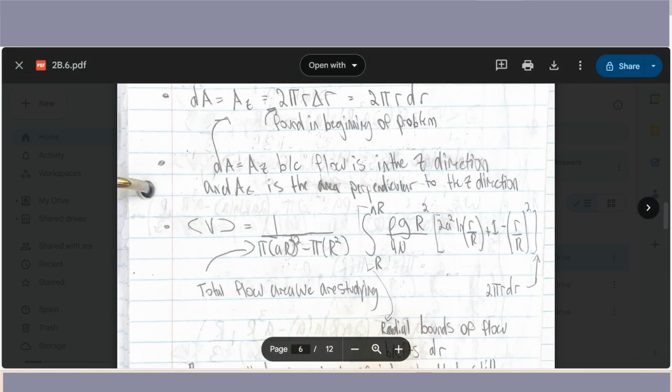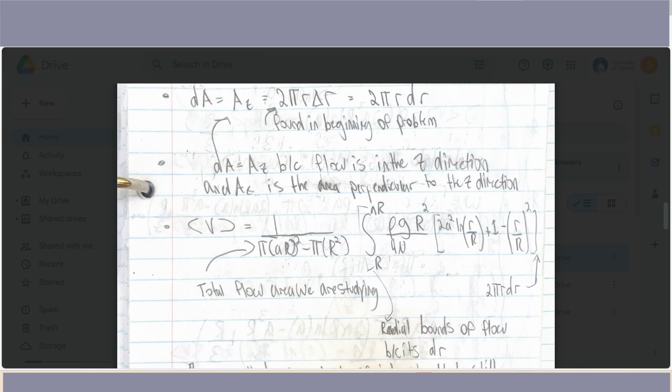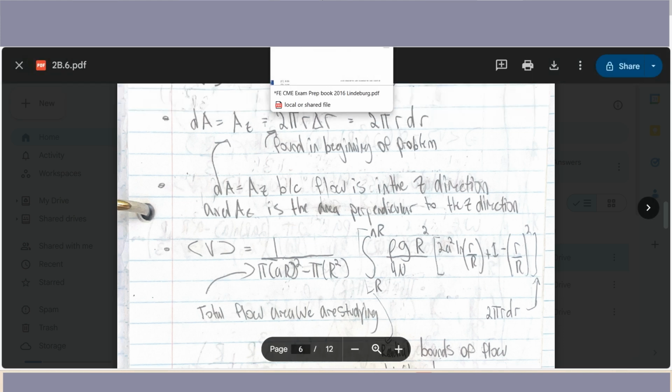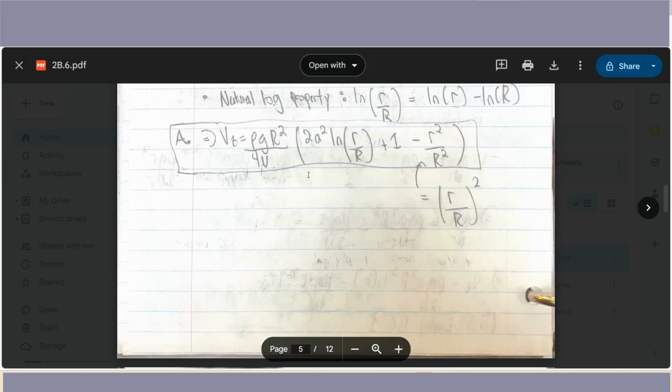And this is 1 over A here. What is that from? Oh yeah, that's the total flow area. Let's go to here.